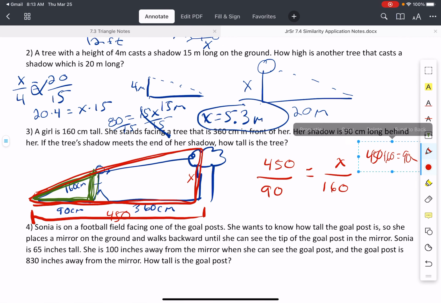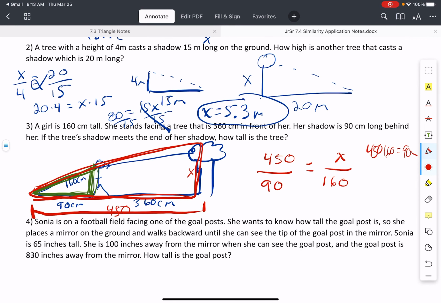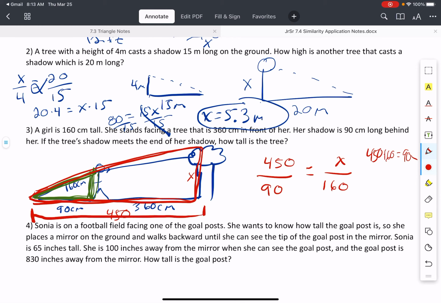That's supposed to be an x, but it won't let me change it. What's 450 times 160? 72,000 equals 90x. So then I divide by 90 and I get 800 centimeters.